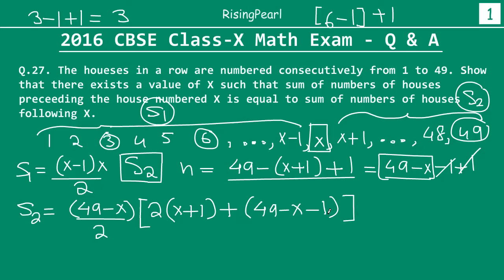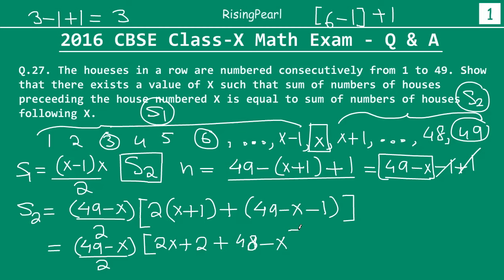So let's make sure that we get this correct. What we have is 49 minus x by 2 times, if you open this up, 2x plus 2 plus 49 minus x minus 1. Actually, we can say this is 48 minus x.